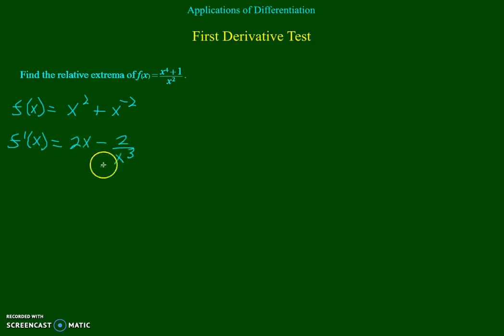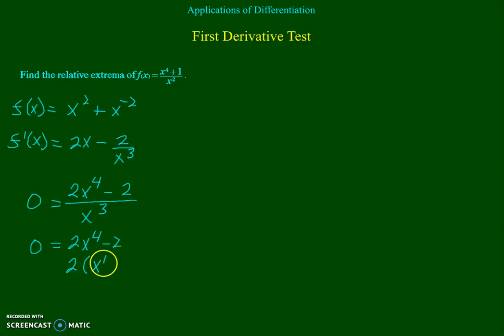Let's go ahead and rewrite this. So 2x times x to the third is 2x to the fourth minus 2 over x to the third. We will set it equal to 0 and multiply out, and 0 equals 2x to the fourth minus 2, and factor out a 2, so that's 2 times x to the fourth minus 1.